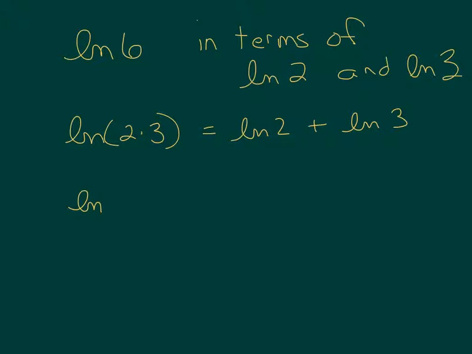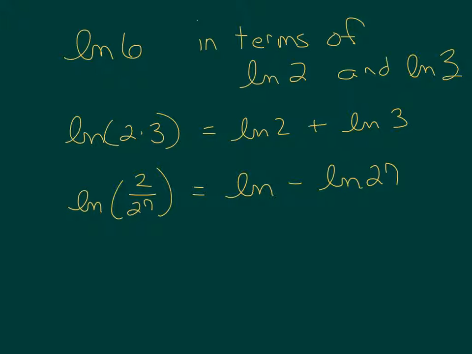If we still want to write in terms of the natural log of 2 and the natural log of 3, and I have a quotient, 2 divided by 27. Okay, I want to write these in terms of the natural log of 2 and the natural log of 3. So the first thing we would do is, if it's division, what does that tell us to do when we start expanding it? Subtract. So the natural log of 2 minus the natural log of 27. Now I haven't gotten that to the natural log of 3 yet. How could I do that?